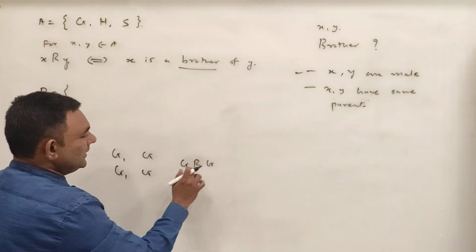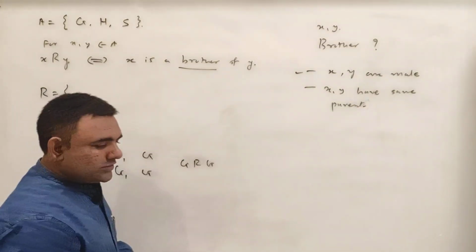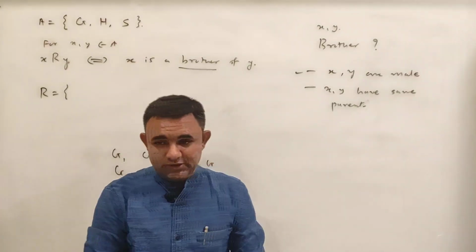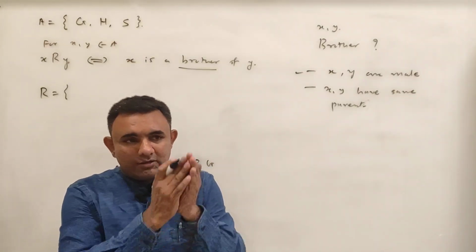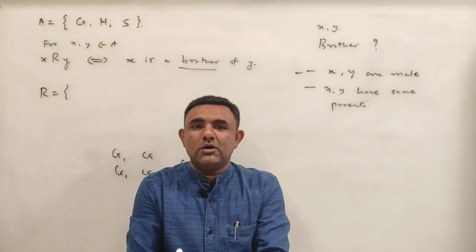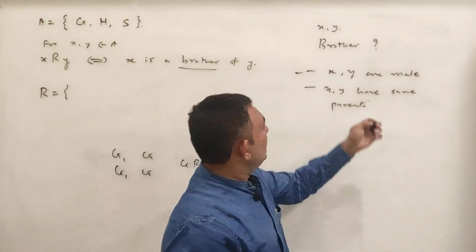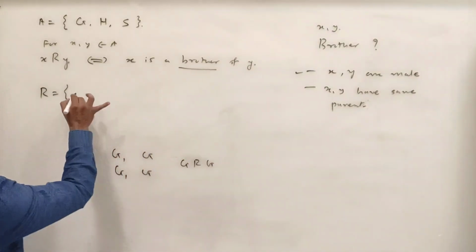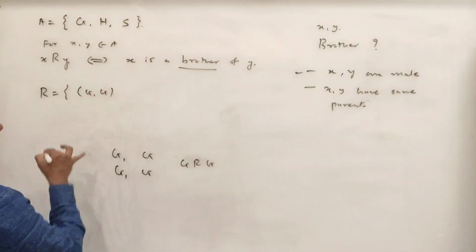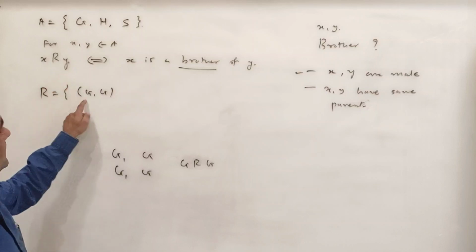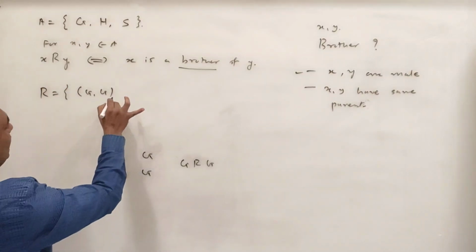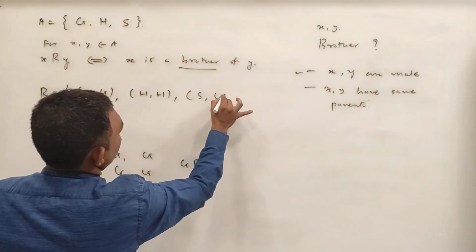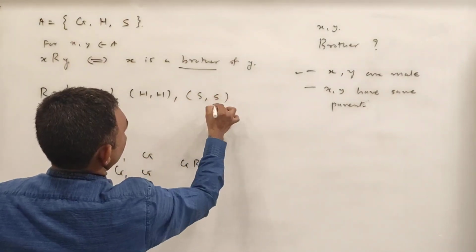Gandhiji and Gandhiji are brothers. So if you consider any set of males only, then every male is a brother of himself according to our definition of brother. So Gandhiji is related to Gandhiji because Gandhiji is a brother of Gandhiji. Similarly, Hitler is the brother of Hitler and Sardar Patel is the brother of Sardar Patel.